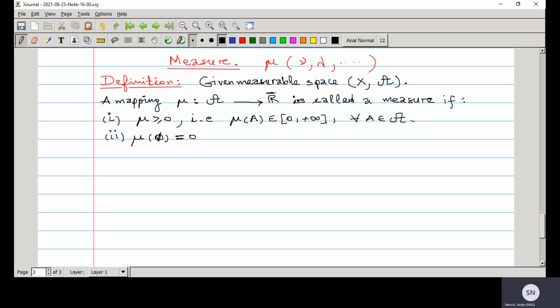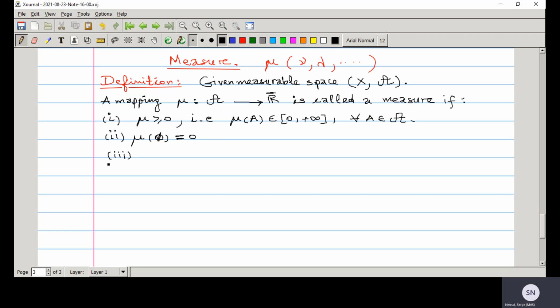For a probability, X will be replaced with omega, and mu of the entire space will be equal to 1. So in the definition of measure, we don't say anything about that. We only give the value of mu of the empty set.